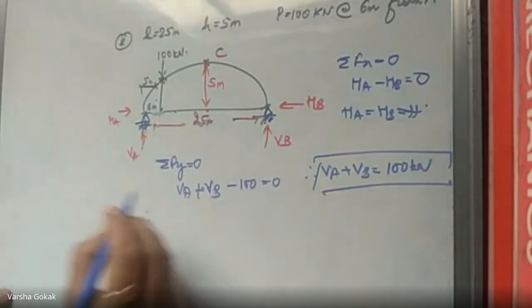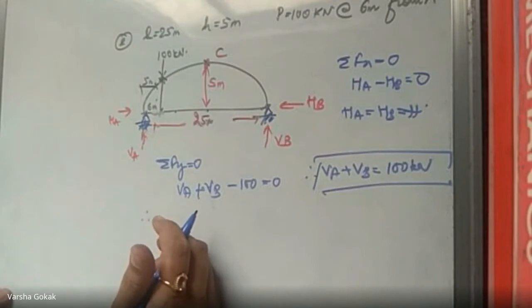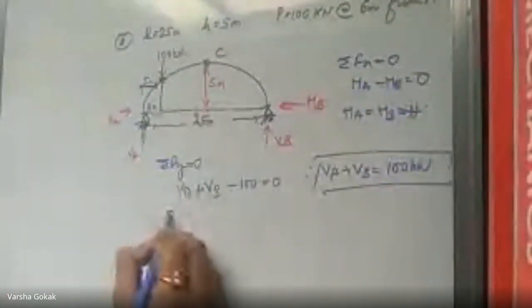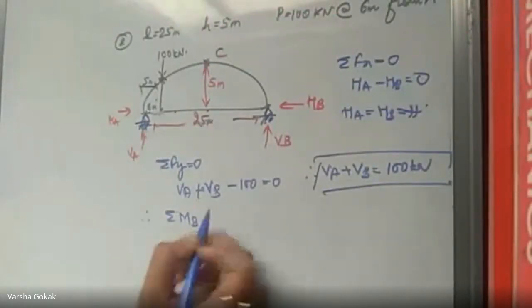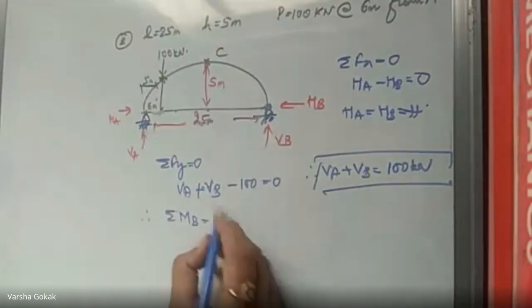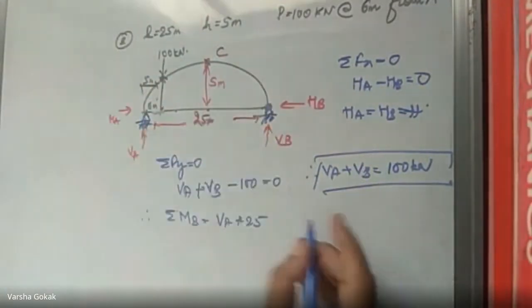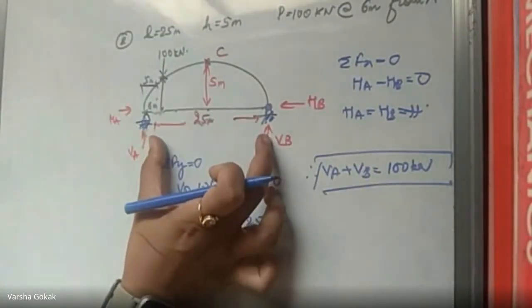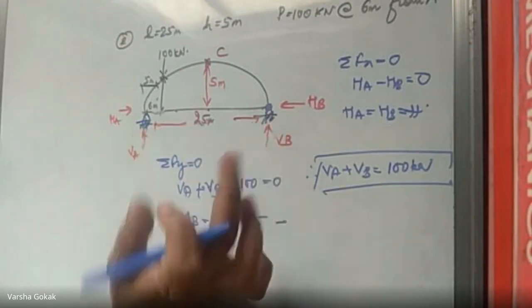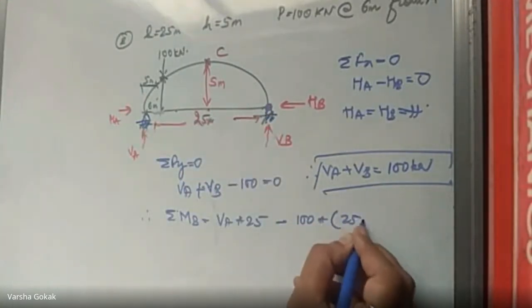Now I have to take the moment. So where will we take the moments first? Any point you want to tell? We'll take moment at B equal to 0. So when I'm taking moment at B equal to 0, VA into 25 goes clockwise. So moment at B is VA into 25 minus 100 into this distance, that is 25 minus 6.